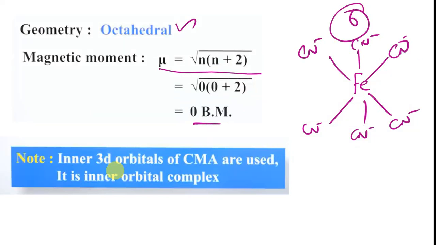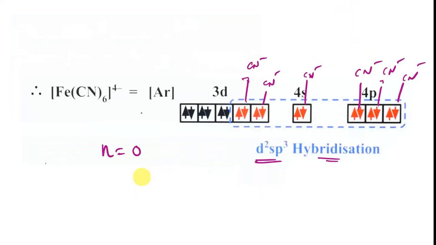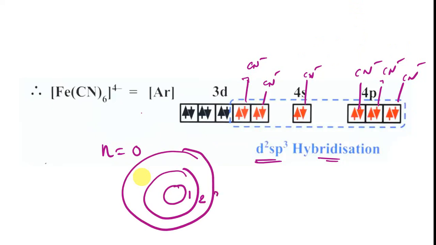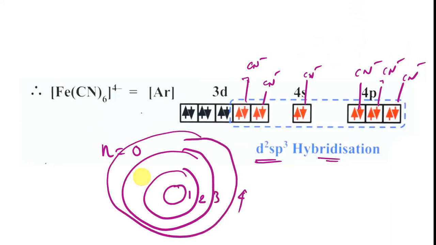And listen here, the inner 3d orbitals of the central metal atom are used, so it is called an inner orbital complex. Here, the orbitals will be like this. Let us consider the first shell, second shell, third shell, and fourth shell, right?